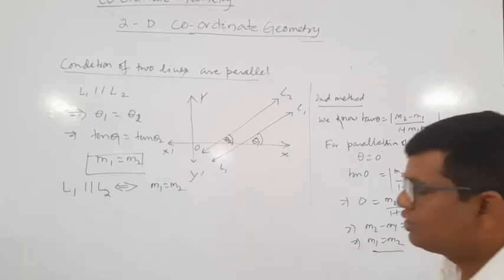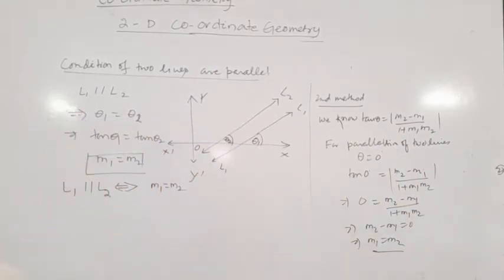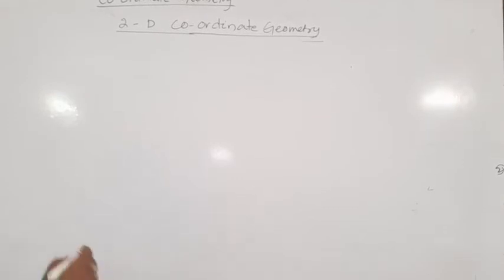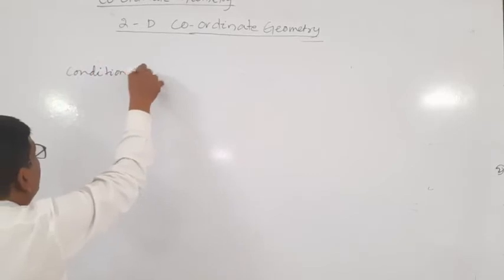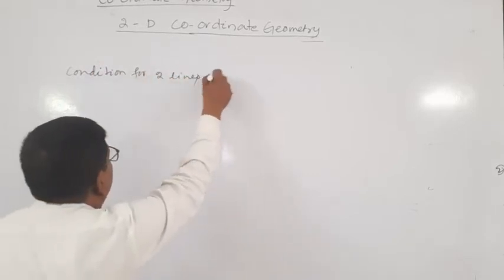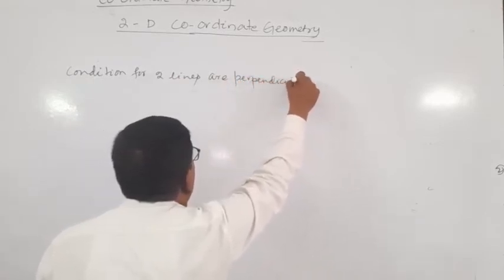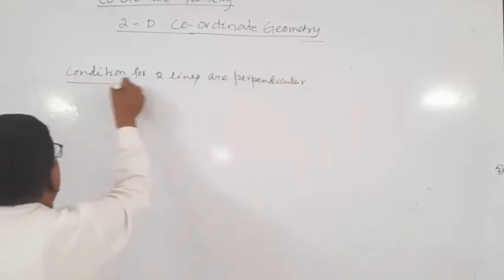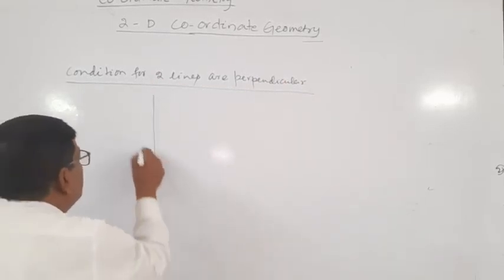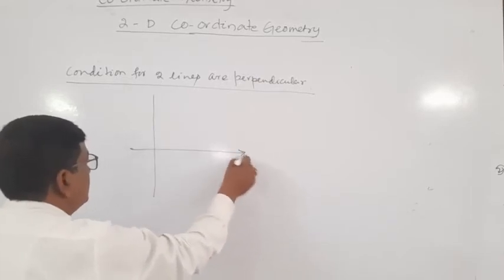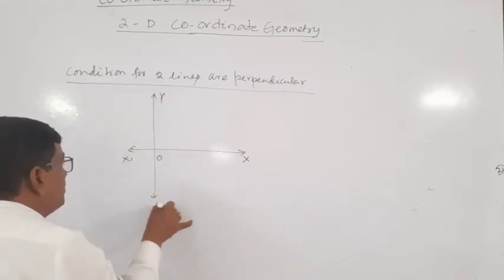Now the condition for two lines to be perpendicular. From the geometry, that is from the figure, we can prove. This is the coordinate axis x o x dash, and this is y o y dash.